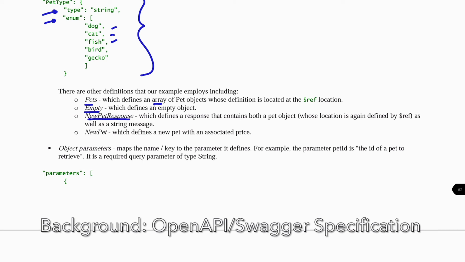New pet response, which defines a response that contains both a pet object as well as a string message. Now you can see I'm skipping the text here, which talks about the reference location. I feel like when we go through the source code, that would be a better time to bring this up, so I'm going to glance over that for the moment. Then we have new pet, which defines a new pet with an associated price.